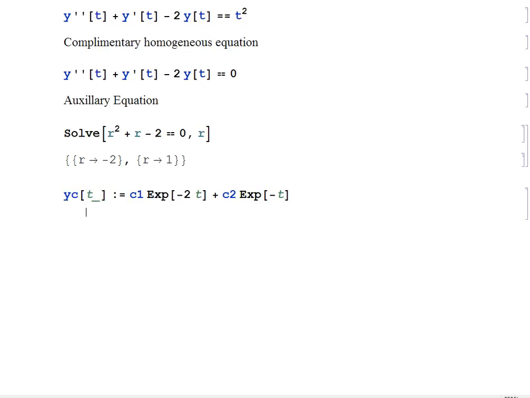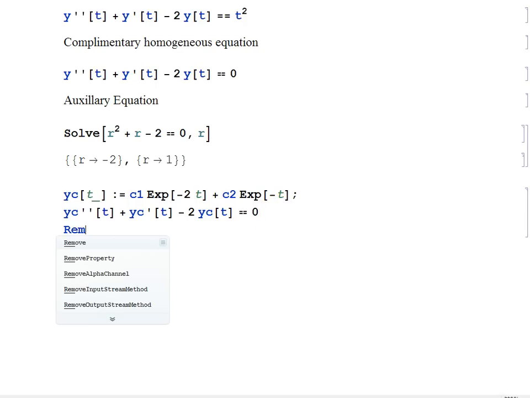Okay, now we're going to check it. How do we check it? Well, we take this equation right here, copy it, pull it down, and I'll put a C in there so that it will actually do it. And then I will go ahead and remove that.